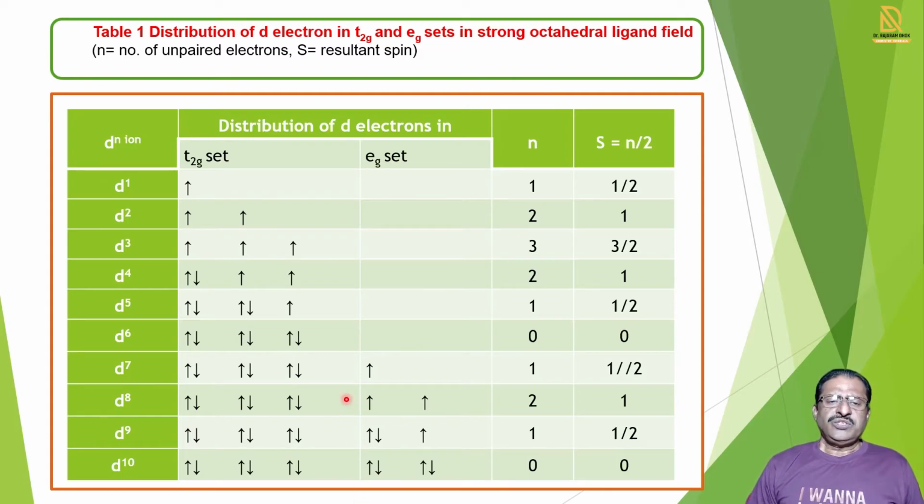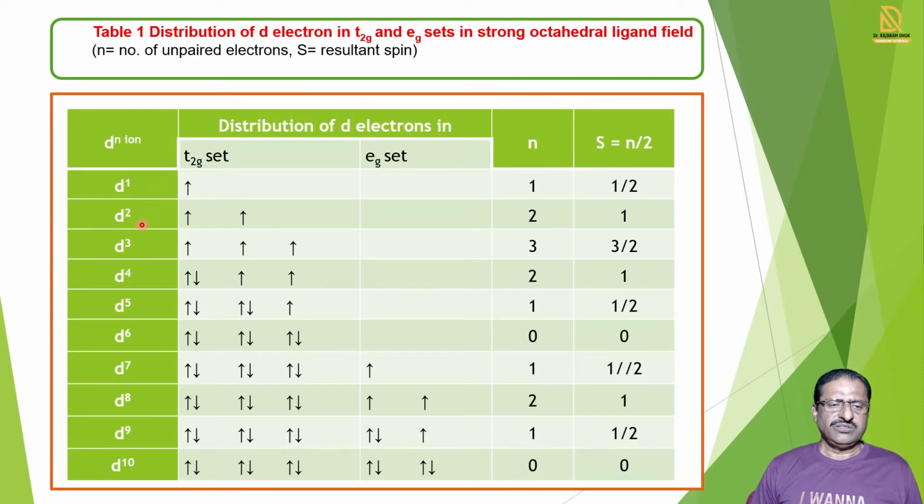Now look at this table. In this table, we have shown how the electrons are distributed in d orbitals. Firstly, we see the distribution of d electrons in T2g and Eg in strong octahedral ligand fields. As we have seen from the diagram, in the d1 case only one electron is present and it is filled in T2g.